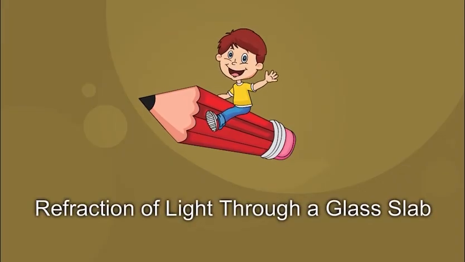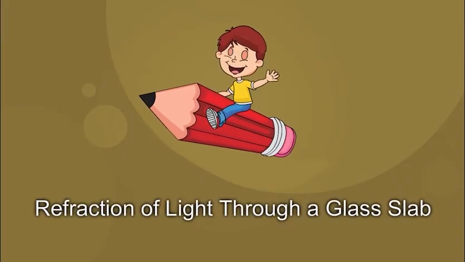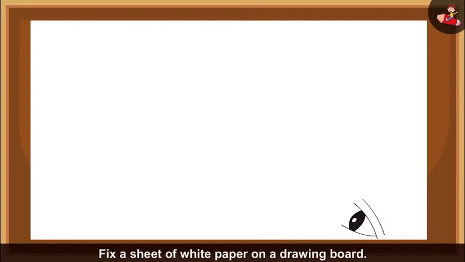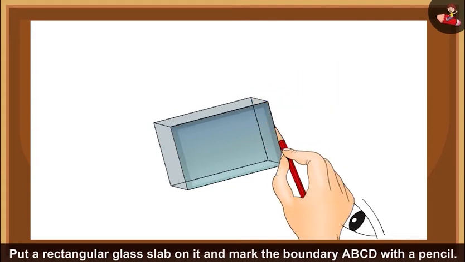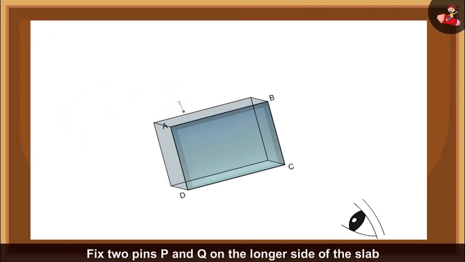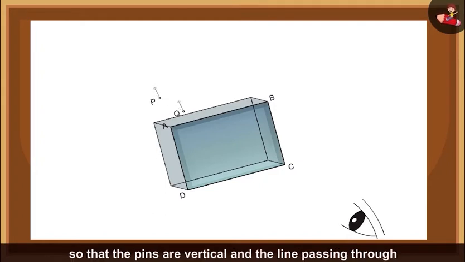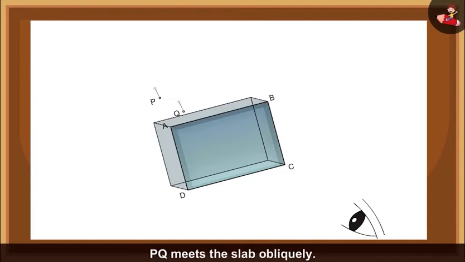Refraction of light through a glass slab. Fix a sheet of white paper on a drawing board. Put a rectangular glass slab on it and mark the boundary ABCD with a pencil. Fix two pins P and Q on the longer side of the slab so that the pins are vertical and the line passing through PQ meets the slab obliquely.